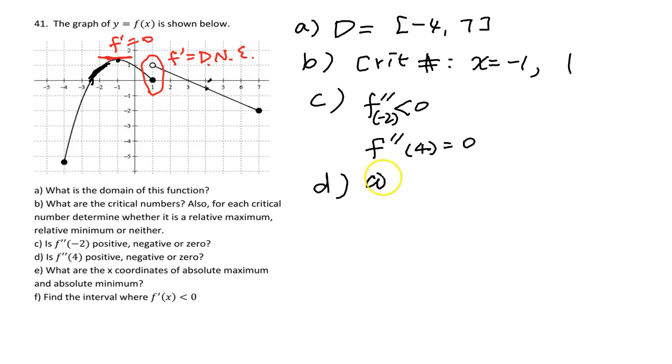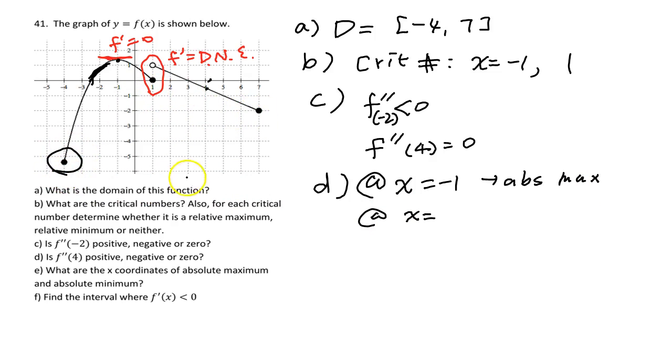So at x equals -1, you have the absolute max, and let's look for the lowest point. See, this is the lowest point, so at x equals -4, you have the absolute minimum.